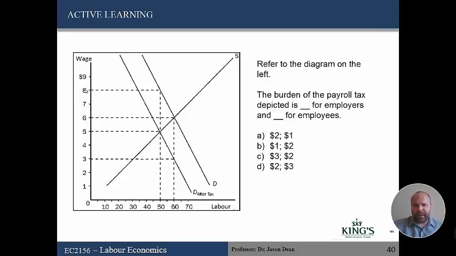So their burden then is 8 minus what the wage was before the tax, which is 6. So it used to be 6, now they have to pay 8. So the burden on the employer is 2, and before the workers got $6, now they're only going to get 5, so the burden on the workers is equal to 1. Okay, so it's 2 for employers and 1 for employees, so the answer is A.